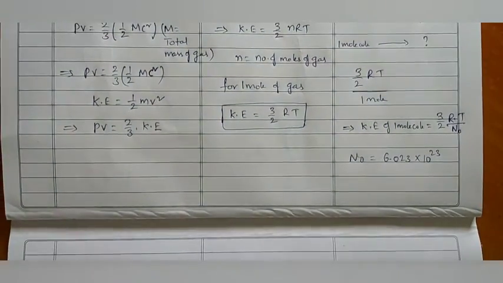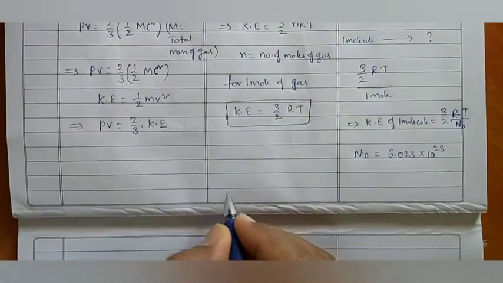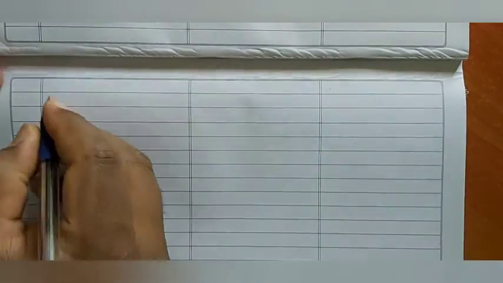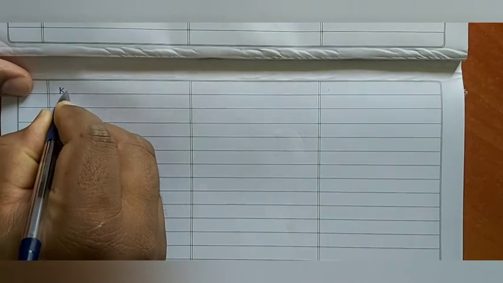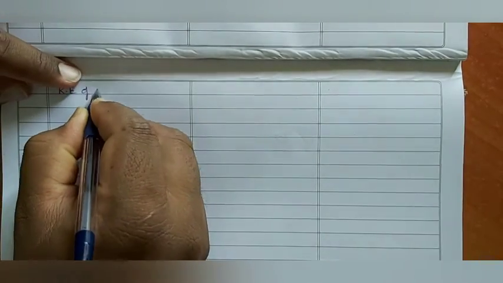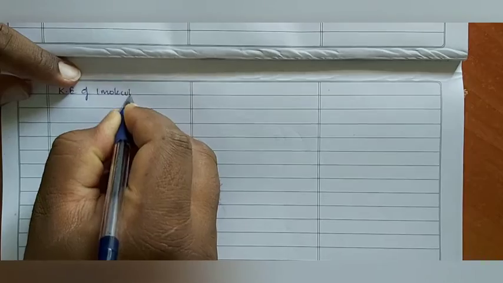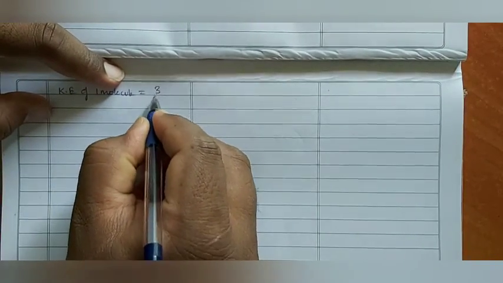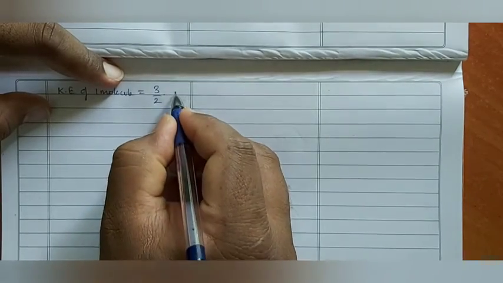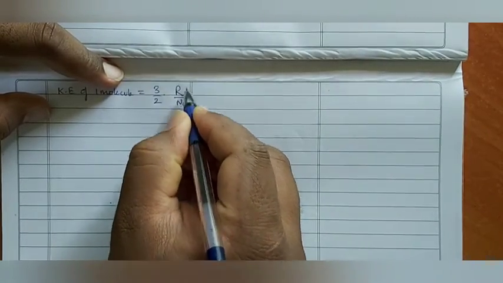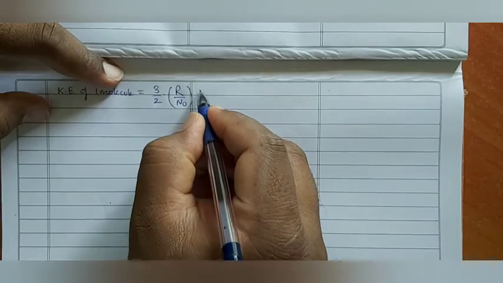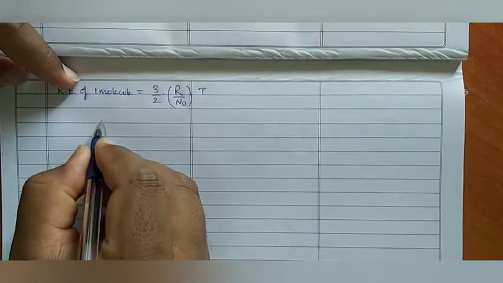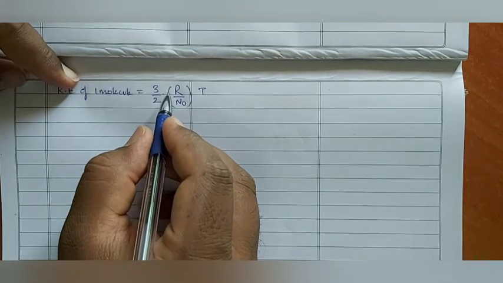So finally I am going to write kinetic energy of 1 molecule is equal to 3/2 into R by N naught into capital T. R is a constant, universal gas constant.